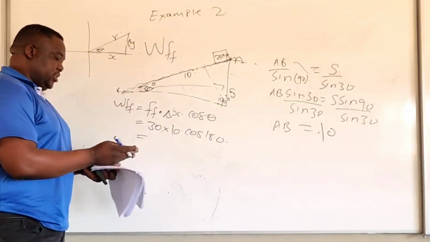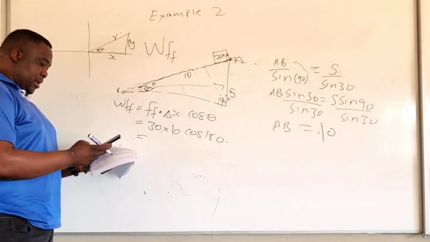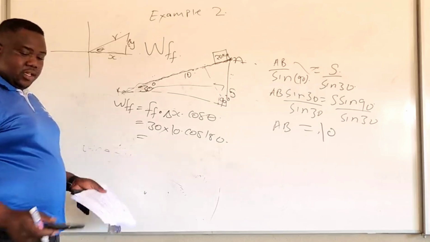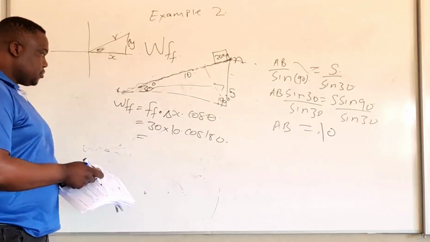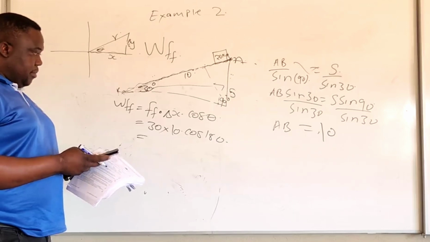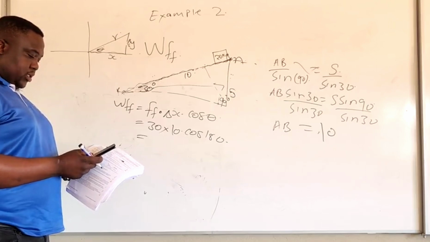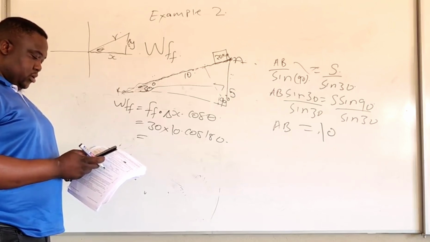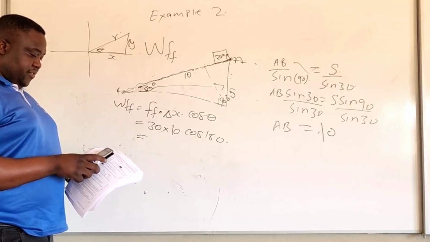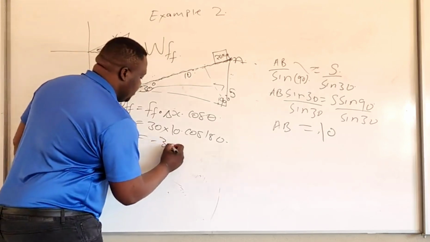30 multiplied by 10 cos 180 will give us negative 300.